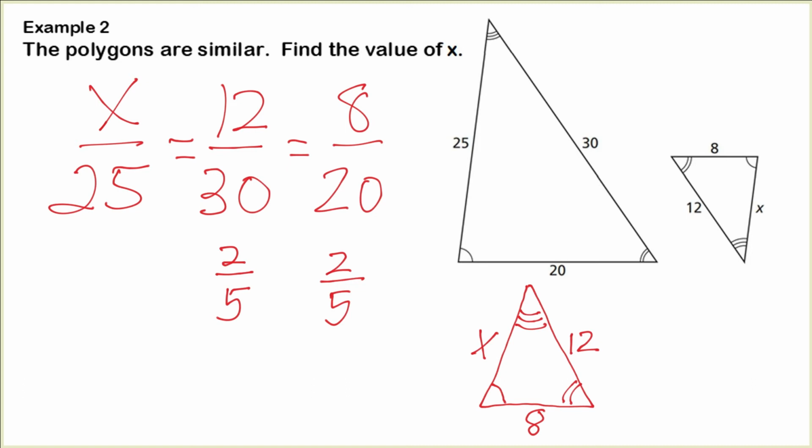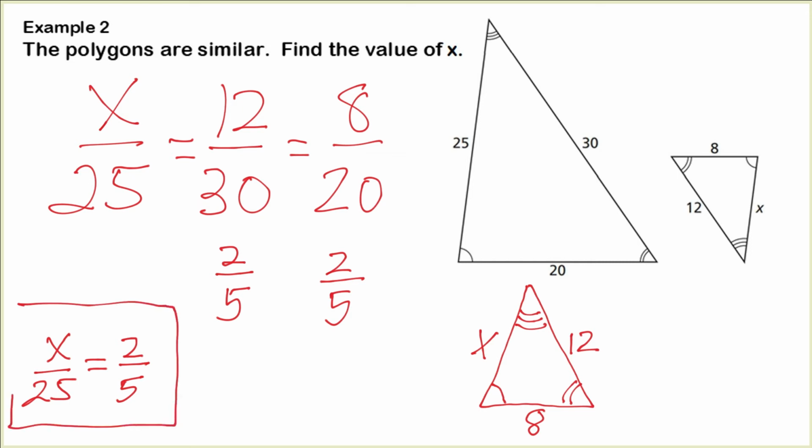And I know that the fraction x over 25 has to be equal to the scale factor, or the fraction 2/5. So by using this equation right here, this proportion, I'm going to be able to find the missing side. So when I cross multiply, I have 5 times x will be 5x, and 2 times 25 will be 50.